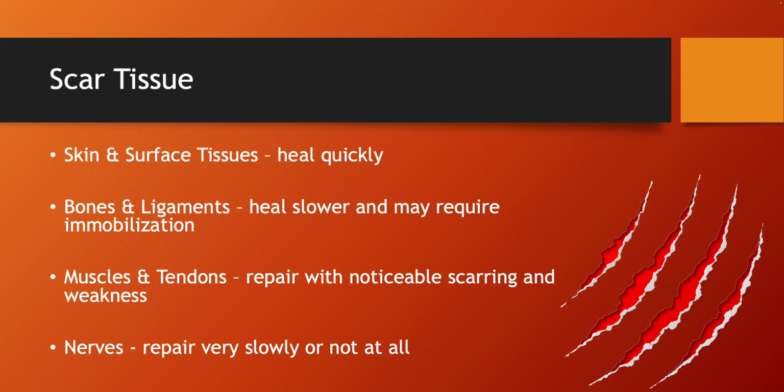Bones and ligaments tend to heal a little slower and might require mobilization, aka a cast or some kind of boot. And then we have muscles and tendons. When they repair, there's usually some kind of noticeable scarring, and there could be weakness or some kind of permanent dysfunction in that muscle.